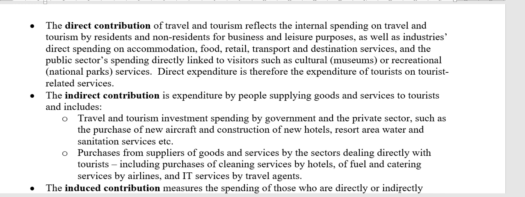Okay, so any tourist activities by local people, domestic tourists or foreign tourists, any spending of these people, any spending of the tourists on, for example, accommodation, right?